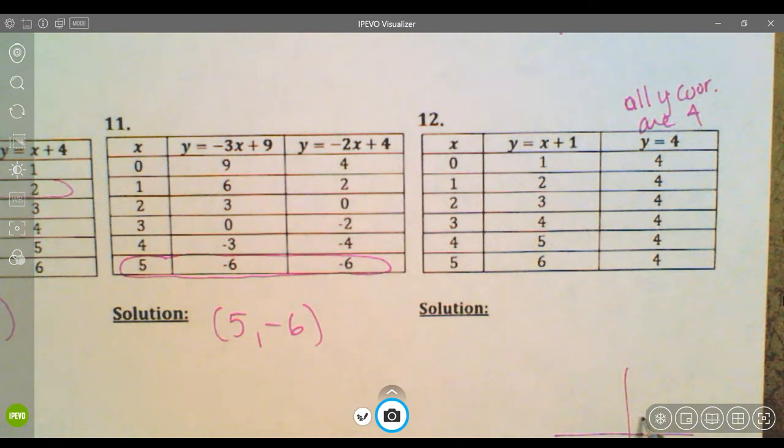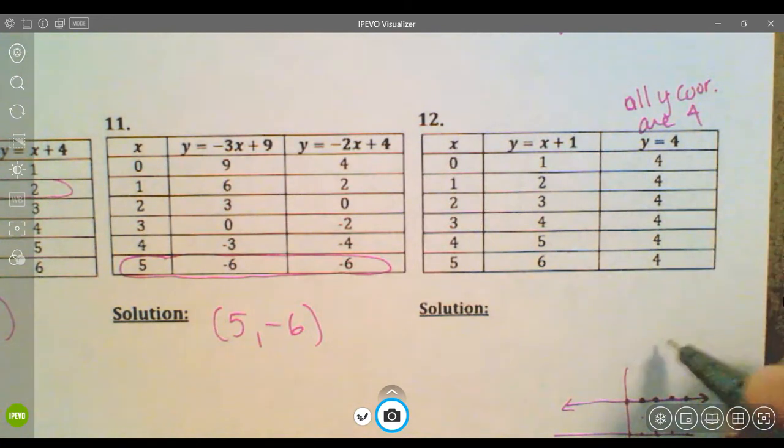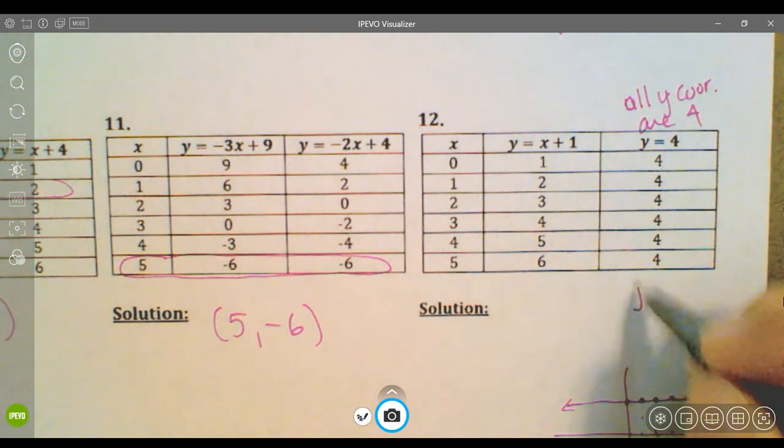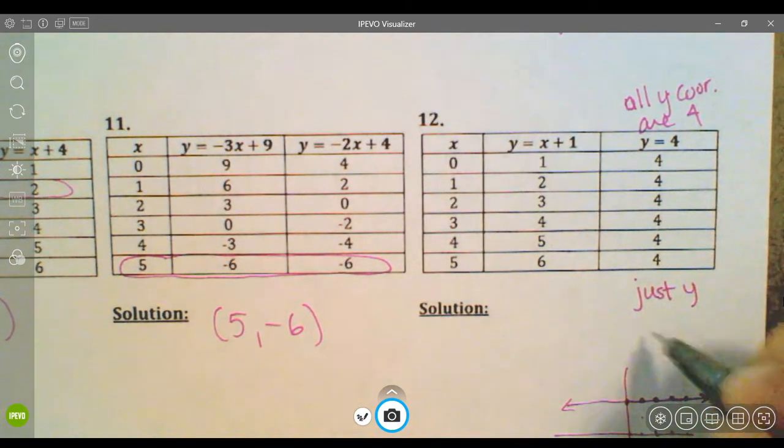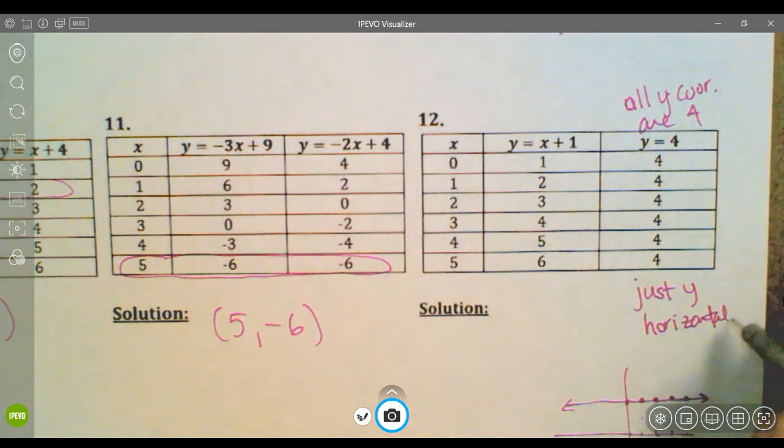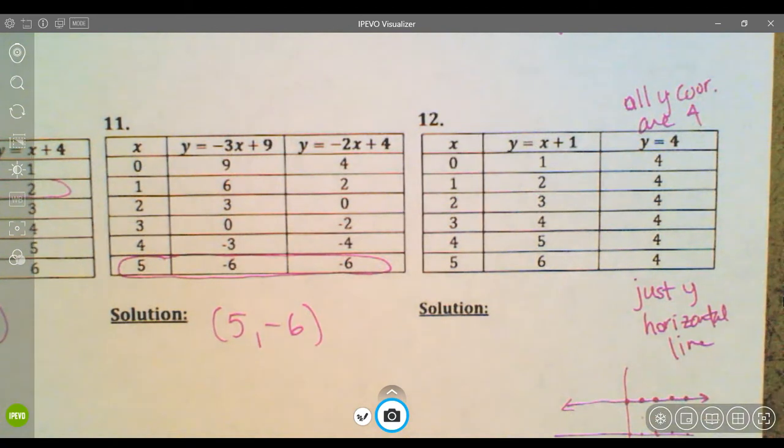I go over 1, up 4, to the right 2, up 4, to the right 3, up 4. Oh, I forgot 0, 4, 4, 4. Look what's happening. So when you see just y, it's a horizontal line. Guess what's going to happen when you see just x? Just x will be a vertical line.